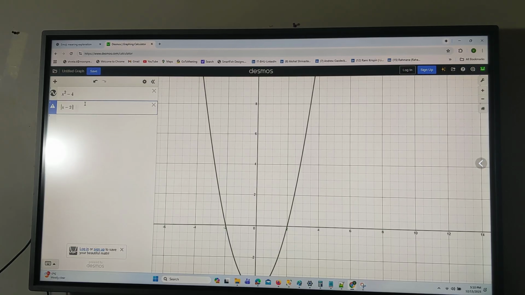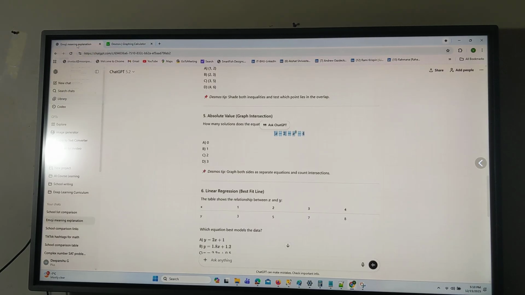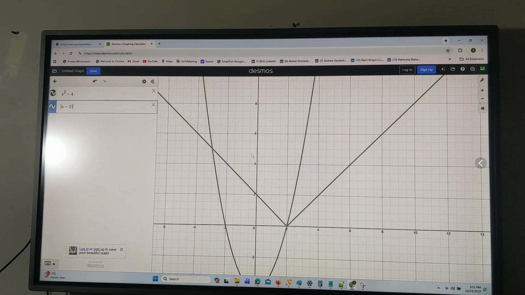You need to be careful about this one, x minus 2. So what are the solutions of these two equations? How many solutions do these two have? I can say that one solution looks like minus 3, 5, another solution is 2, 0.